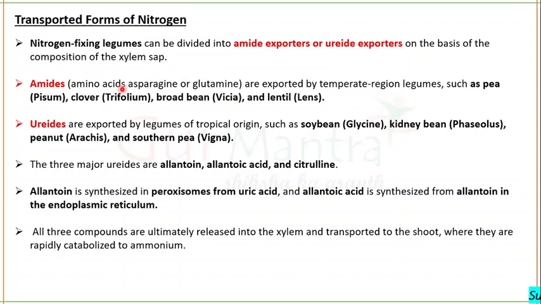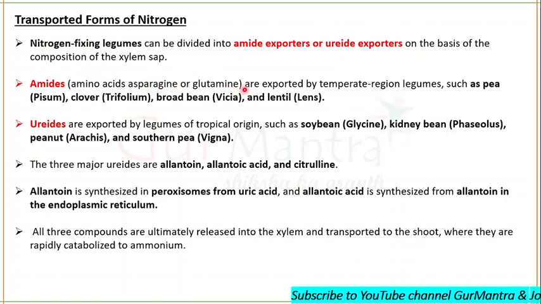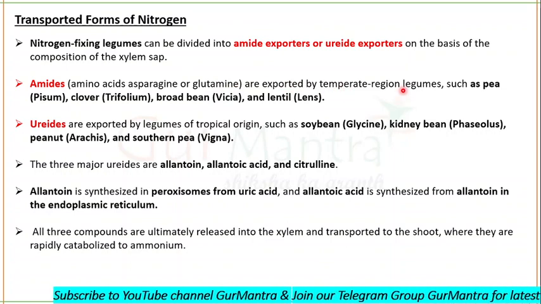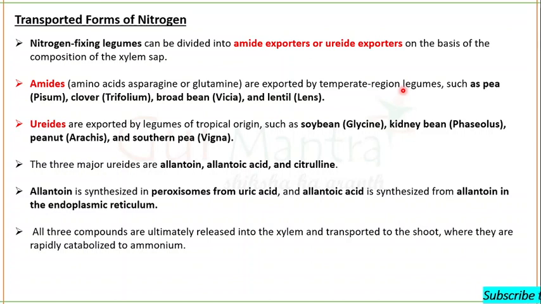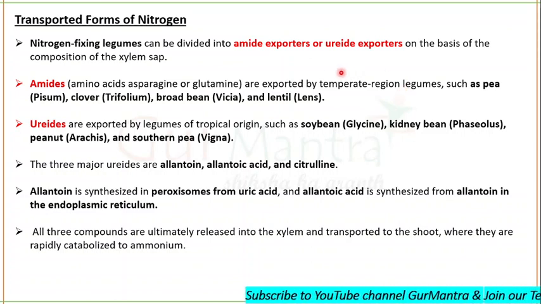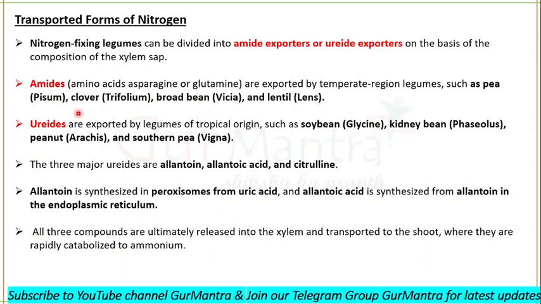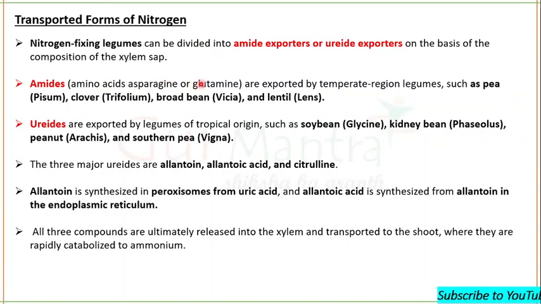Amides include amino acids such as asparagine or glutamine mainly, and they are exported by temperate region legumes. So those legumes which are growing in the temperate region will be exporting nitrogen in the form of amides like the amino acids asparagine and glutamine.